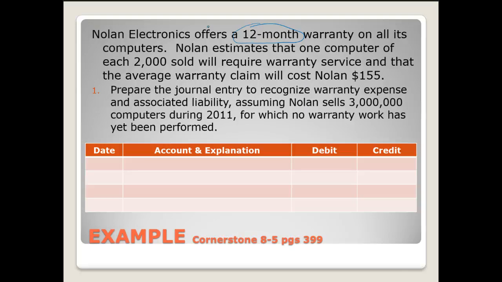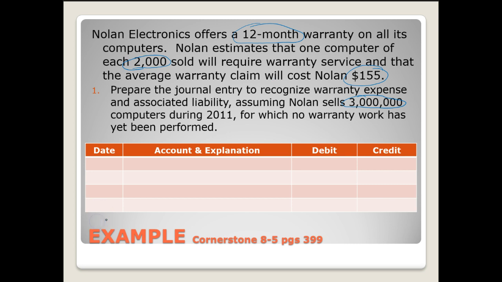So first, let's prepare the journal entry to recognize the warranty expense and the associated liability, assuming that Nolan sold 3 million computers during 2011. Now, first we have to figure out that expense. We know that the company sold 3 million computers. We believed that one computer for every 2,000 sold would actually require a warranty repair, and we think that the estimated warranty repair is $155.